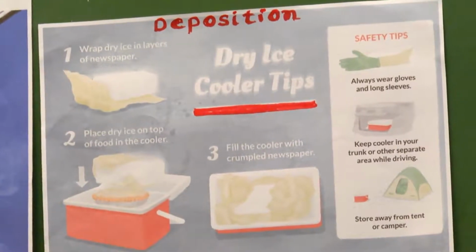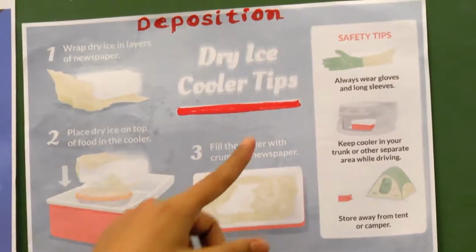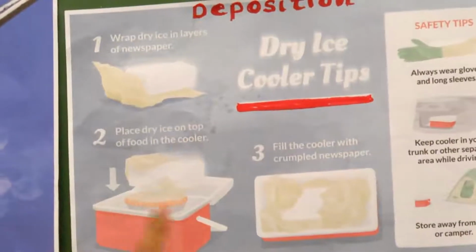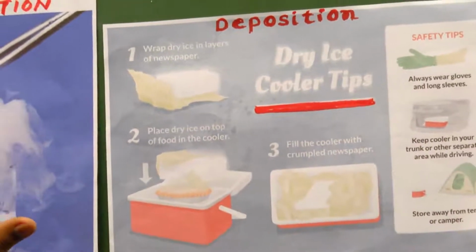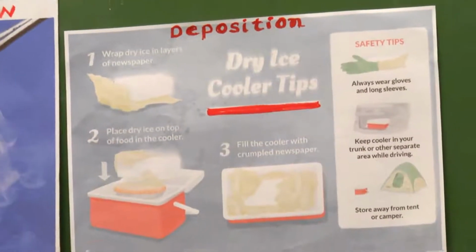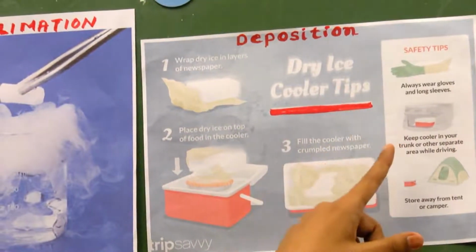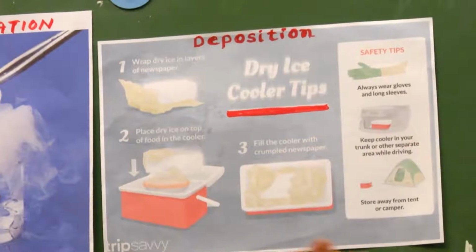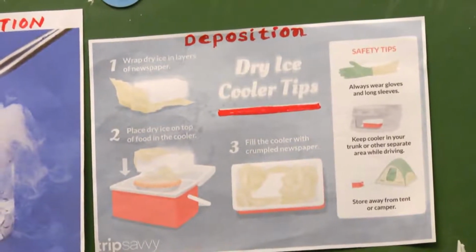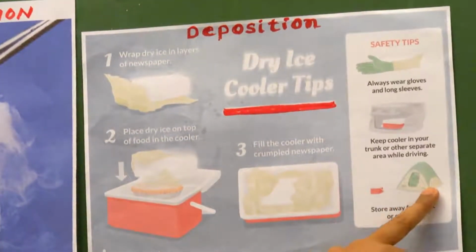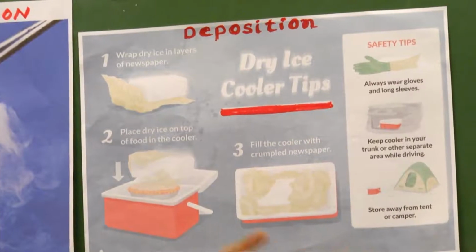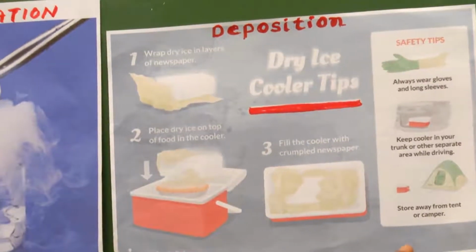And what are the tips? We should always use gloves when we touch the dry ice. Next, we have to carry the box safely. Also, while using it in a tent, we have to keep it away.